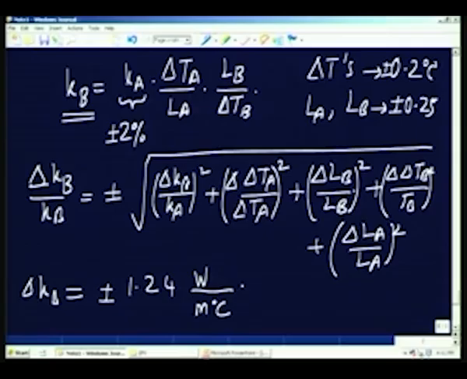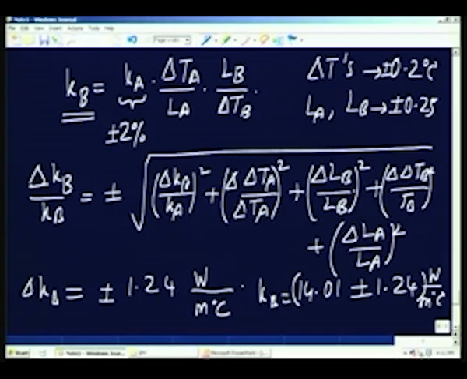So the uncertainty in the value, therefore, you see that we can say that Kb equals 14.01 plus or minus 1.24 watts per meter degree Celsius. That is the error bar in this particular problem. The error is quite something like about 9%, roughly 9%.